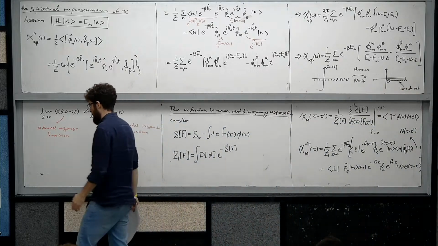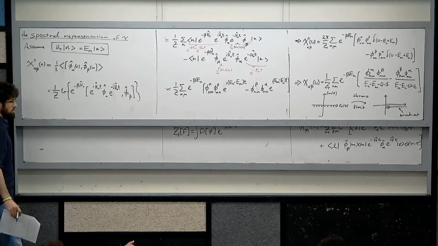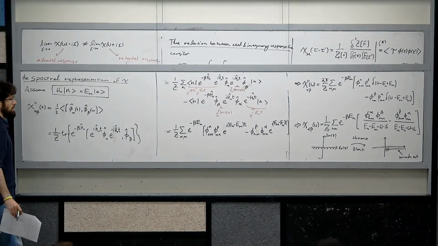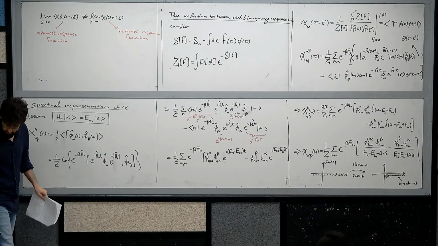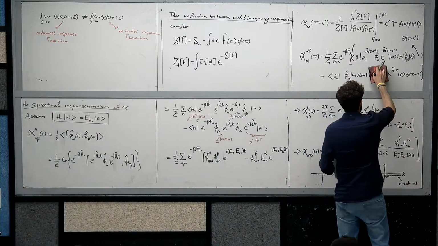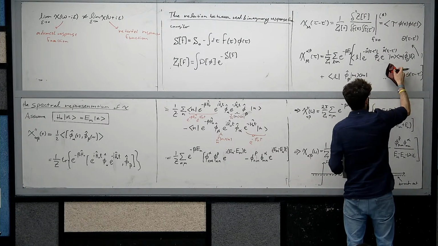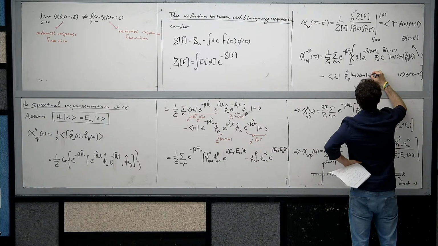That's why you are here. The exponent, is it tau alone or tau minus tau prime? It's tau minus tau prime. I should have just given it a name. I'm basically assuming time invariance.